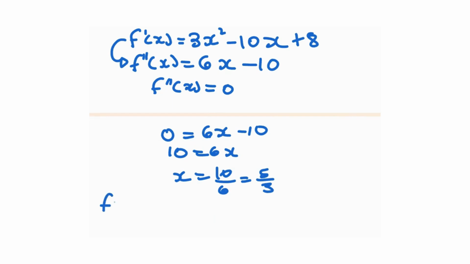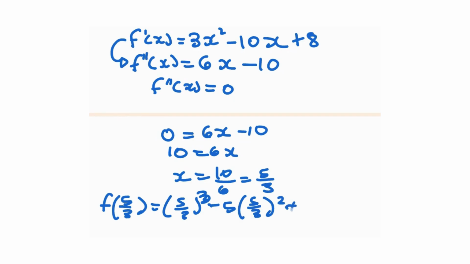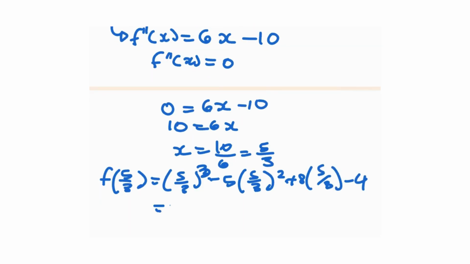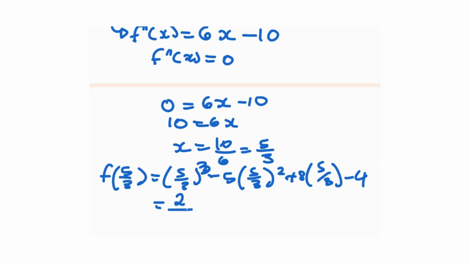To find the y value, we do f of 5 over 3, and that would be 5 over 3 cubed minus 5 times 5 over 3 squared plus 8 times 5 over 3 minus 4, and that gives me a y value of 2 over 27.